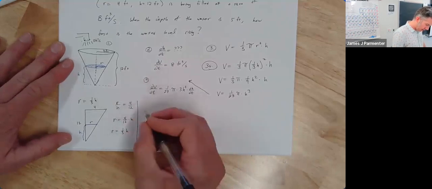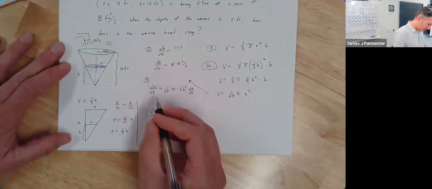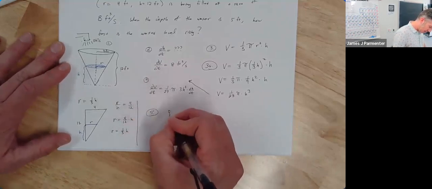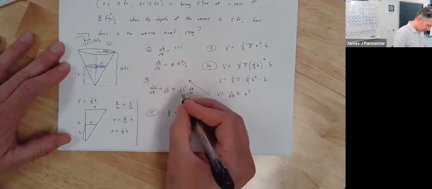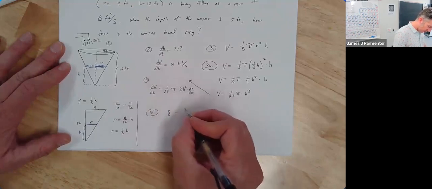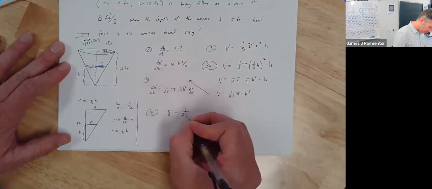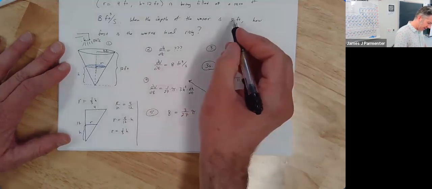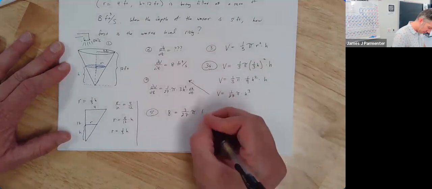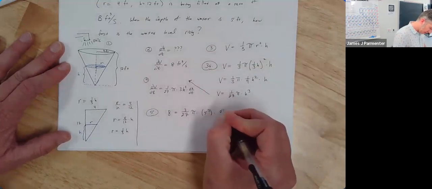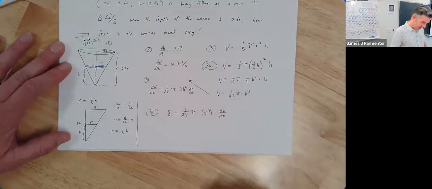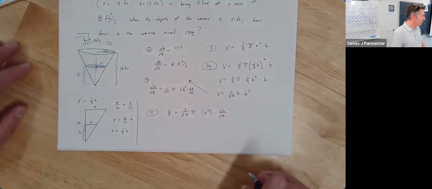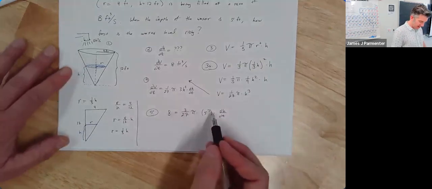Finally, plug in. So I know that dV/dt is equal to 8. It's equal to, I'm going to write this as 3/27, which I'll reduce to 1/9 in a moment here, times pi, times the height was 5 feet, or the depth was 5 feet, and dh/dt. And then this just becomes kind of gross to solve, right? You could write it as 8 divided by all of this.